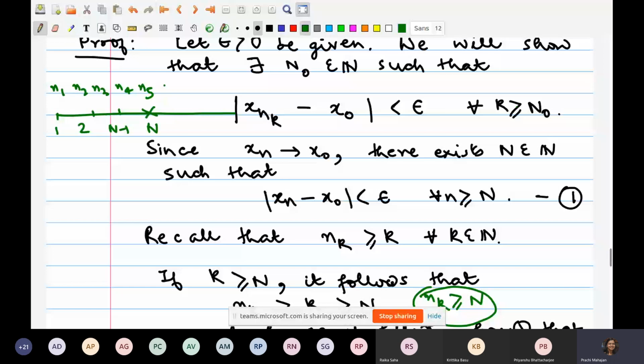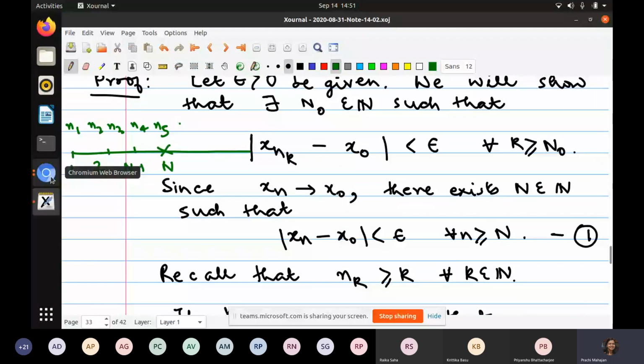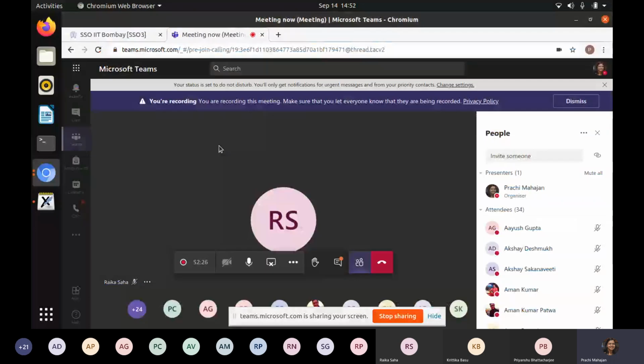That's the definition of convergence, right? Beyond the stage n naught, all of them should lie in this neighborhood of x naught. I hope I am able to understand your question correctly. Is that okay? Yes, ma'am. Anybody else have a question on this? Let me see how many of you are here. So 34 of you.